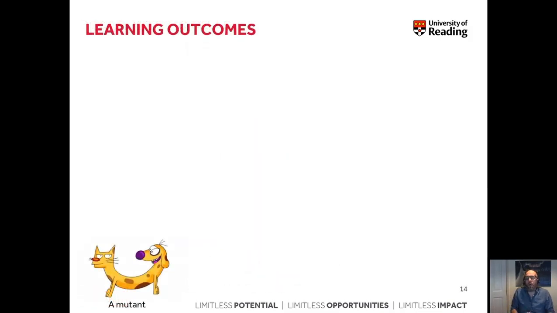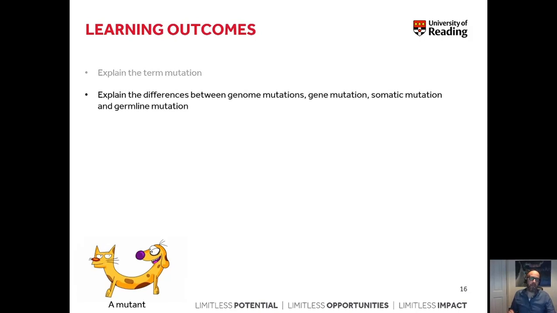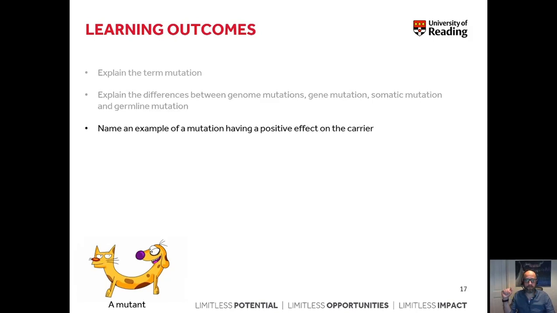So, what we are going to be looking at today, and what are the learning outcomes? After watching 3 videos today, you should be able to explain the term mutation. You should be able to explain the differences between genome mutations, gene mutations, somatic mutations, and germline mutations.